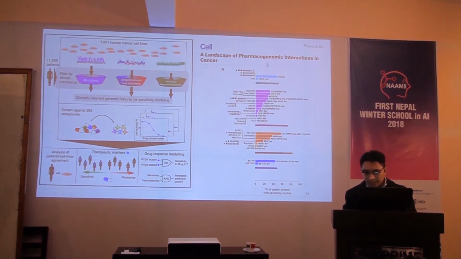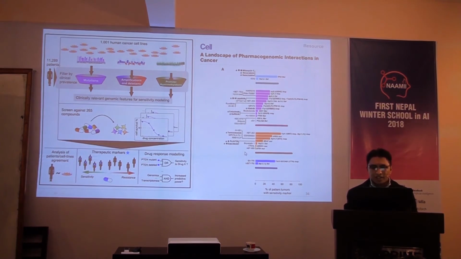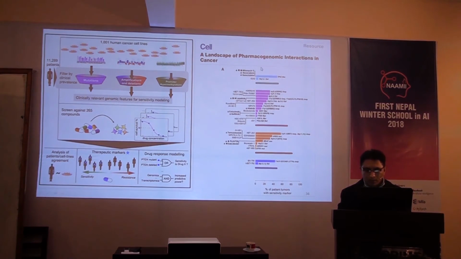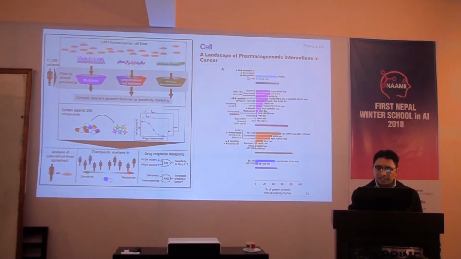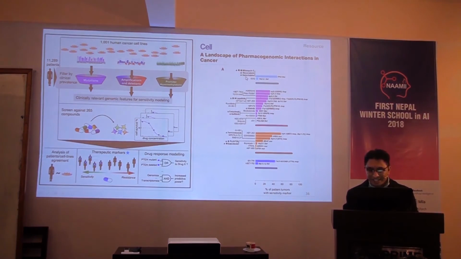So this is just one of the results, and say each bar over here is a different drug. So let's say the top example, this is one of the drugs, zemticinamide, I can't pronounce this name.